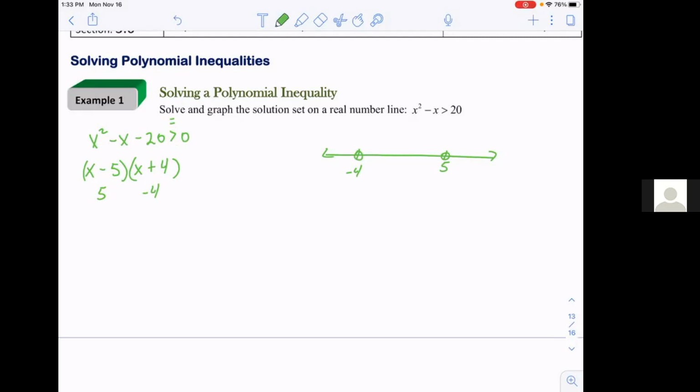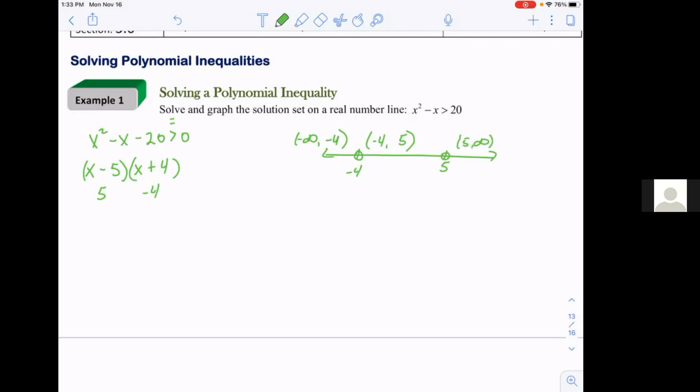Anyway, if I look at my number line, it has created 3 different intervals for me. I have this interval that goes from -infinity to -4. I have another interval that goes from -4 to 5. And we have another interval that goes from 5 to infinity. So that's where those intervals are coming from.